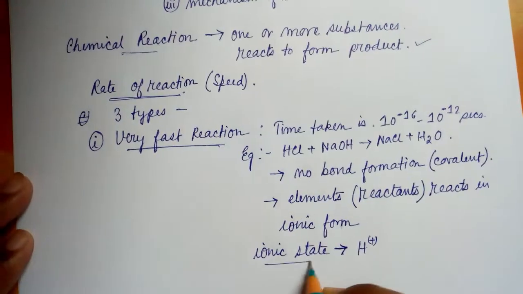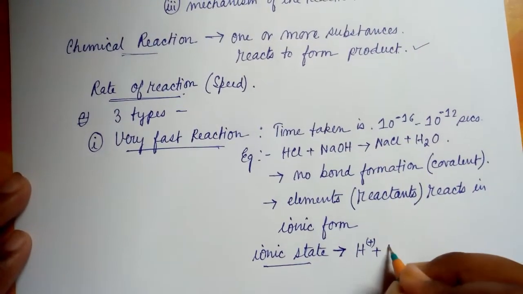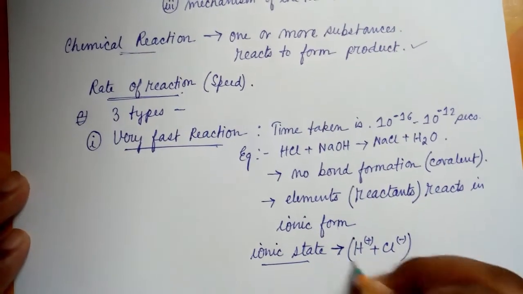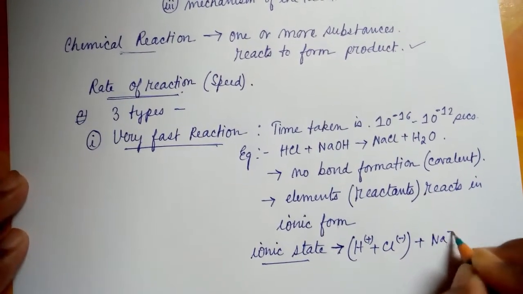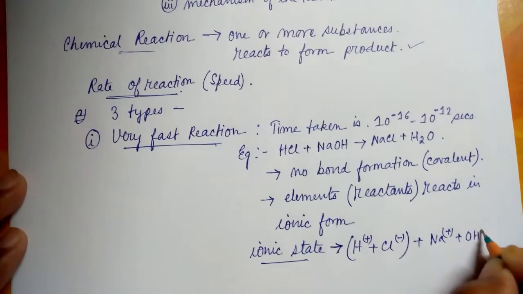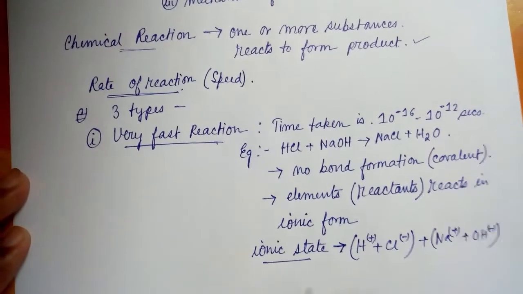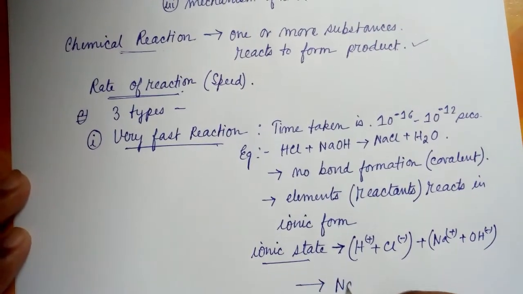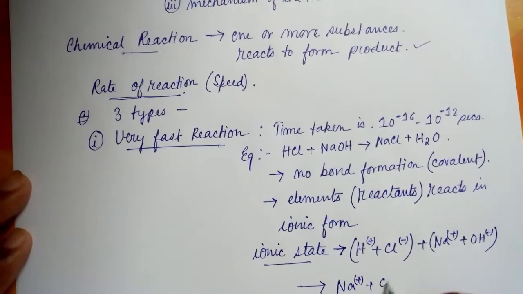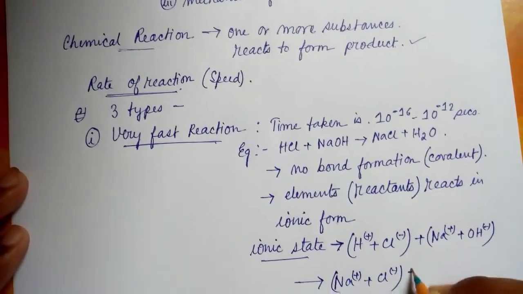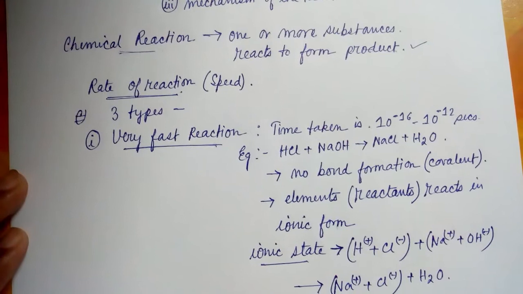In ionic state, that is H plus Cl minus plus Na plus OH minus, which gives Na plus Cl minus plus H2.